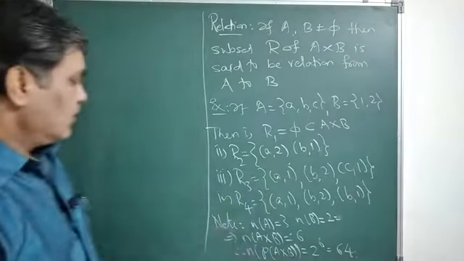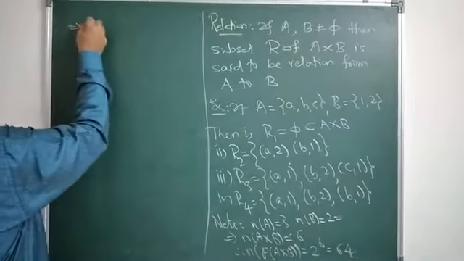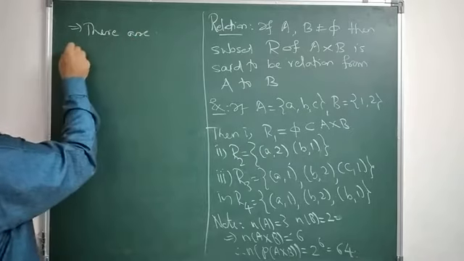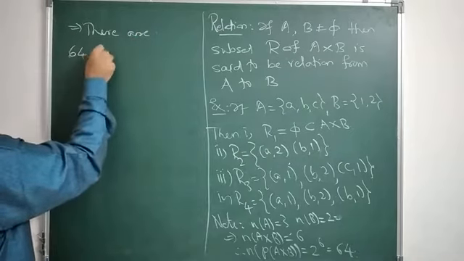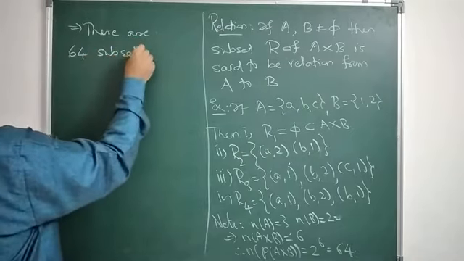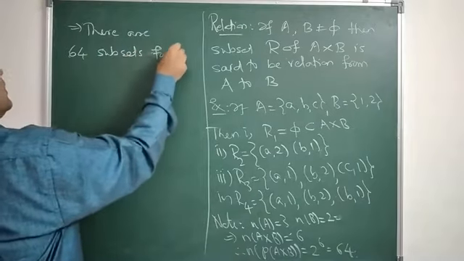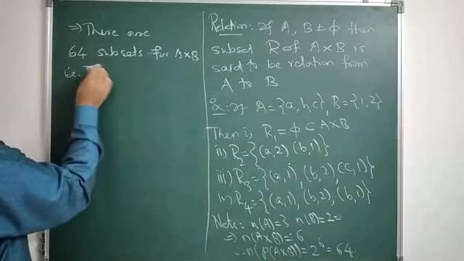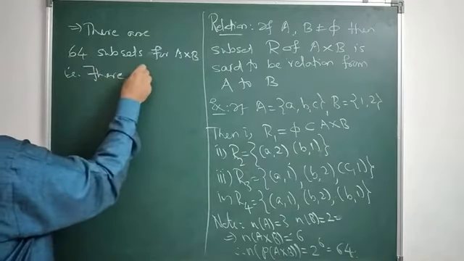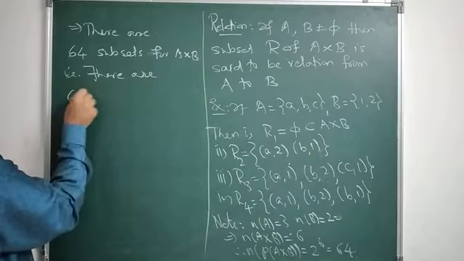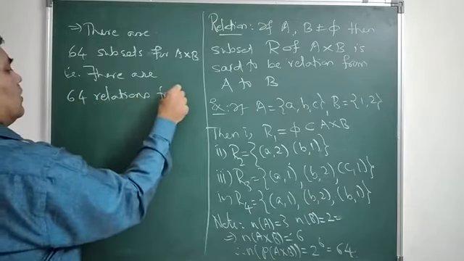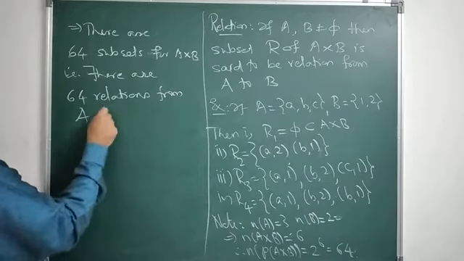Is it clear? This implies there are 64 subsets of A cross B. That is, there are exactly 64 relations from A to B.